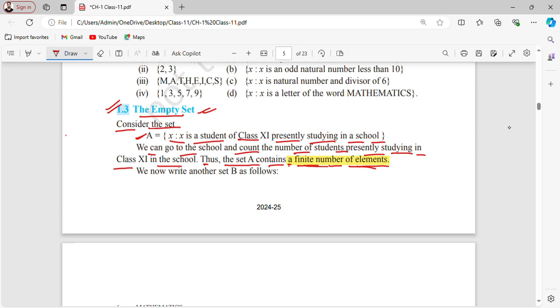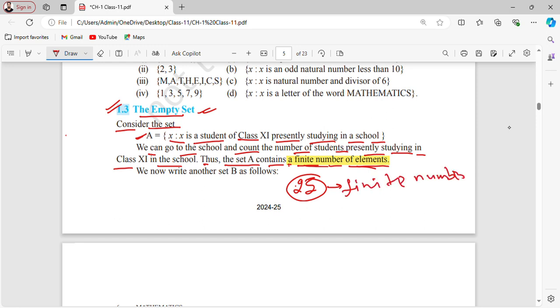Suppose you are a student of class 11th and 25 students are studying in your class, including you. So 25 is a finite number.